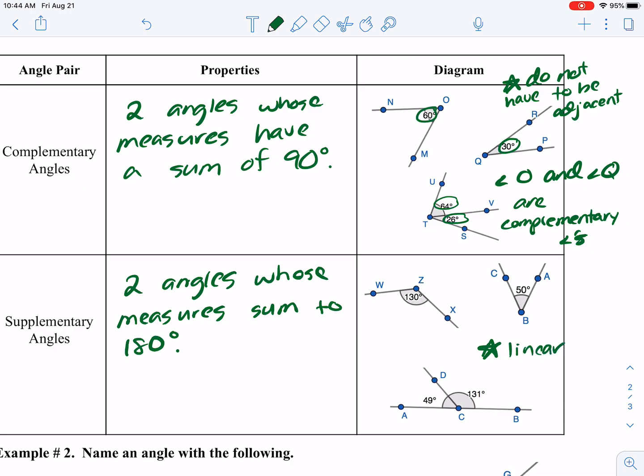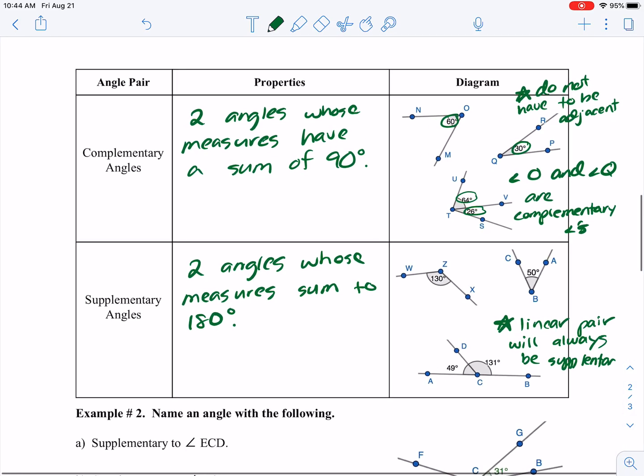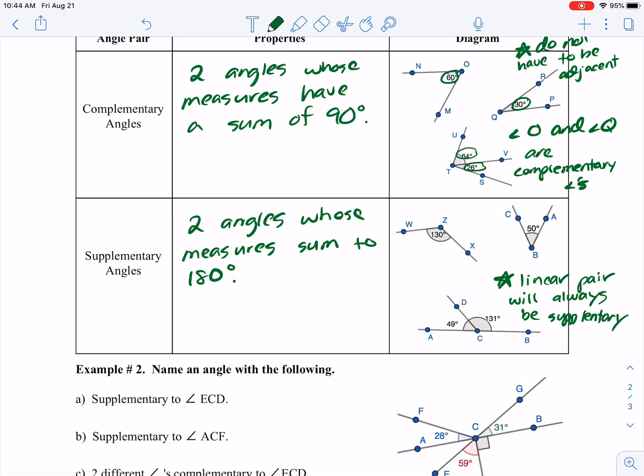But supplementary angles don't always have to be a linear pair. So a linear pair will always be supplementary because they form a straight line.